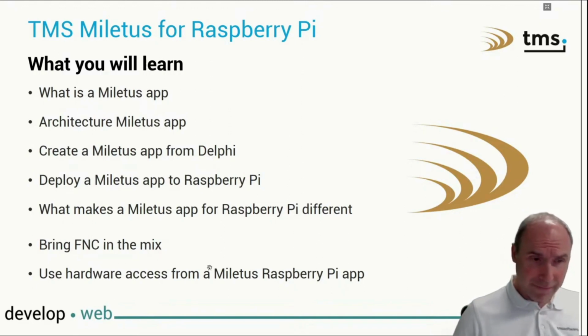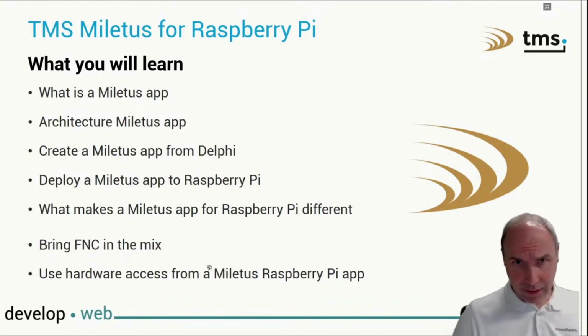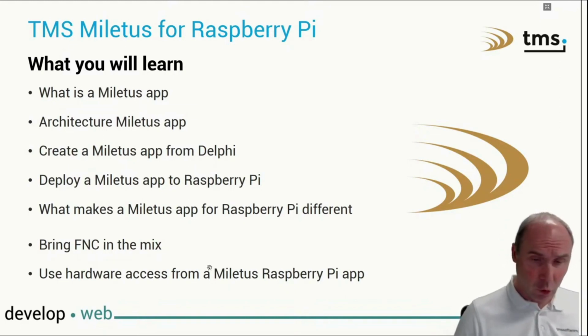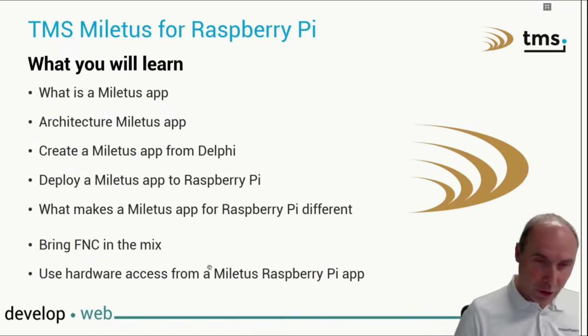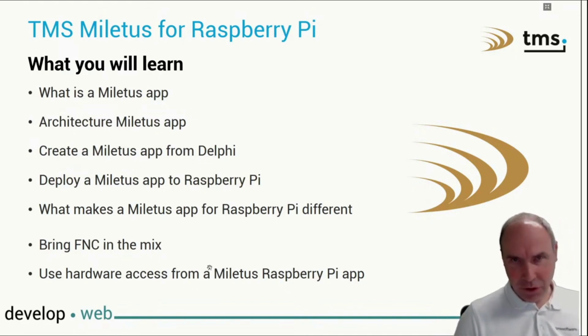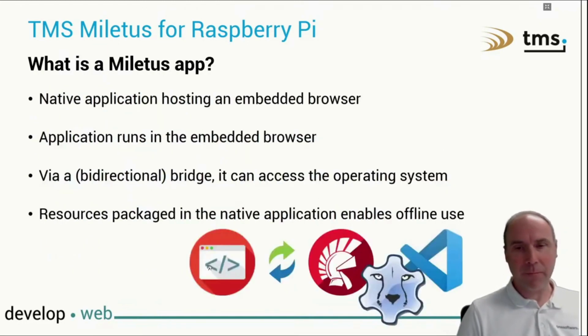We will also bring FNC in the mix later on in this webinar, more about what FNC is, how it is architected, what you can do with it. And we will conclude this webinar by showing you a demo that uses a Delphi application deployed on a Raspberry Pi and that works with electronic sensors connected to the Raspberry Pi.